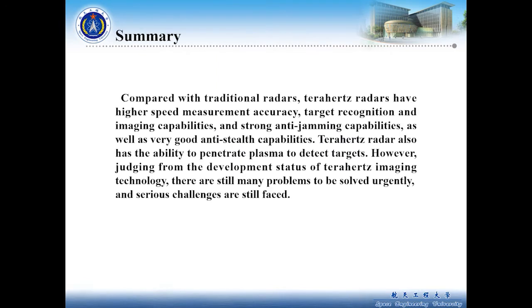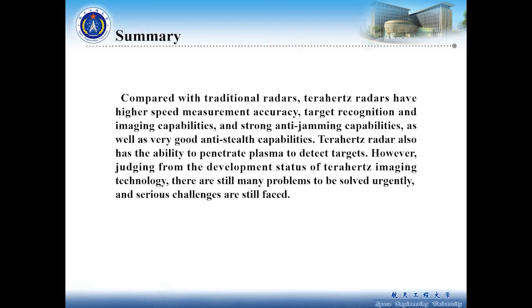Summary and outlook. Summary. Compared with traditional radars, terahertz radars have higher speed measurement accuracy, target recognition, and imaging capabilities, and strong anti-jamming capabilities, as well as very good anti-stealth capabilities.